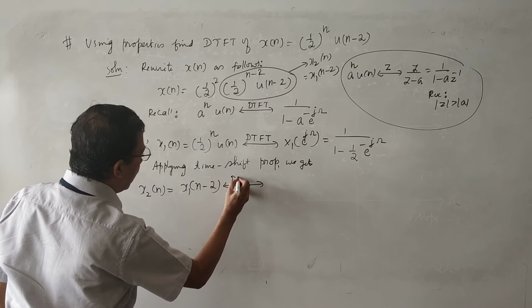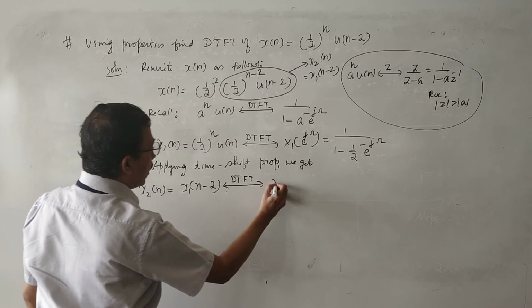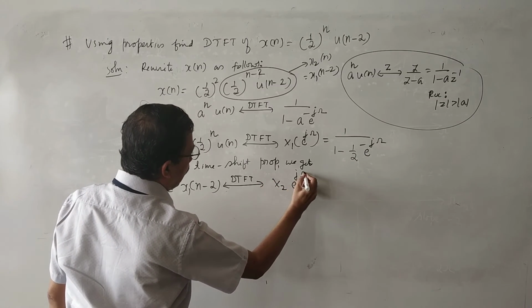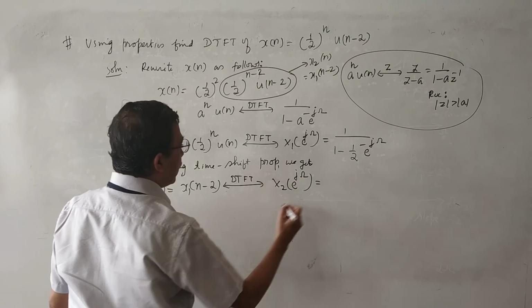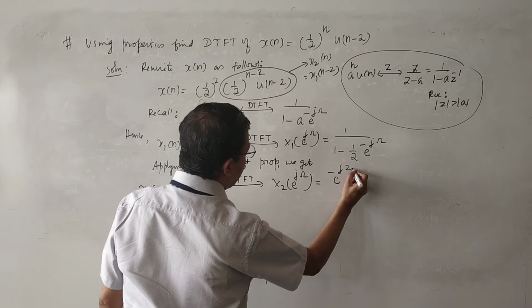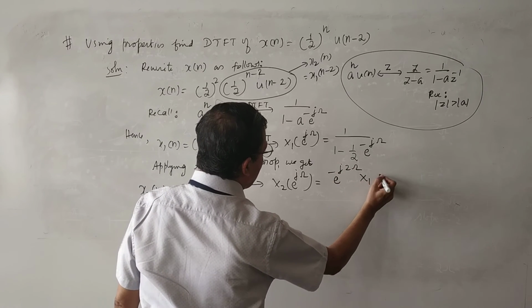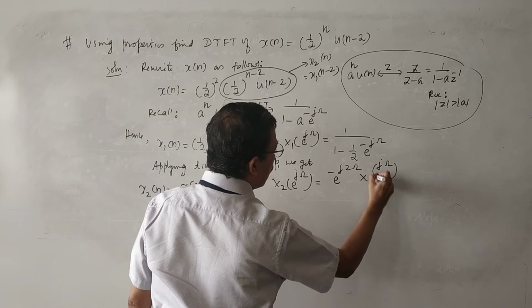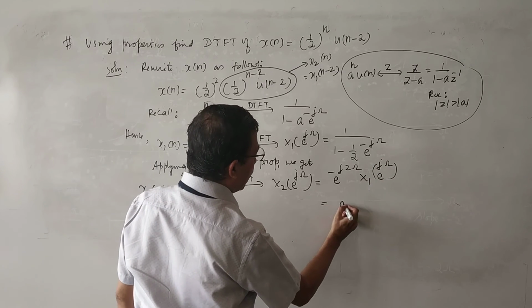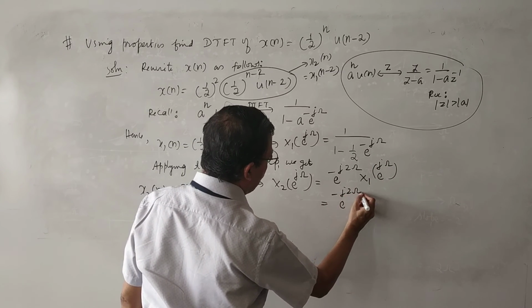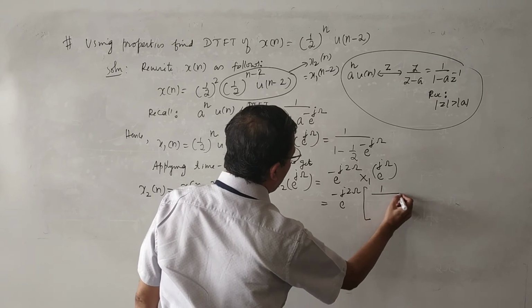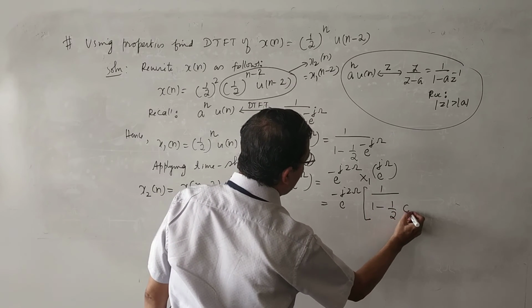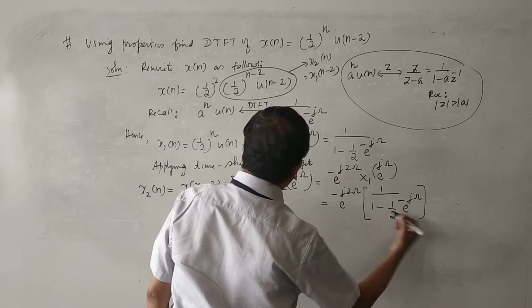We'll have a DTFT x2 of e power j omega equals e to the power minus j2 omega into x1 of e power j omega equals e to the power minus j2 omega into 1 over 1 minus half into e power minus j omega.